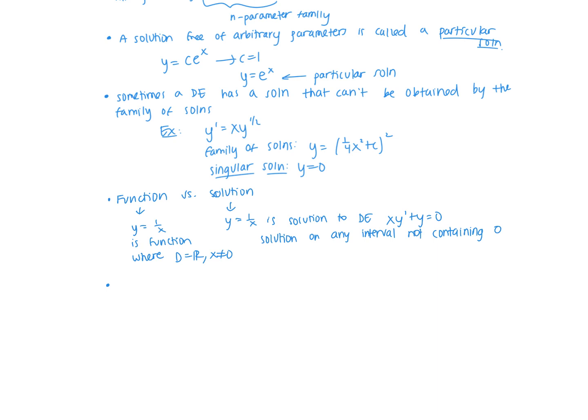Last thing, something I just want us to recall real quick. If we have f of x is the integral from 1 to 2x of e to the t dt, and I wanted us to find the derivative of that, what would the derivative be?